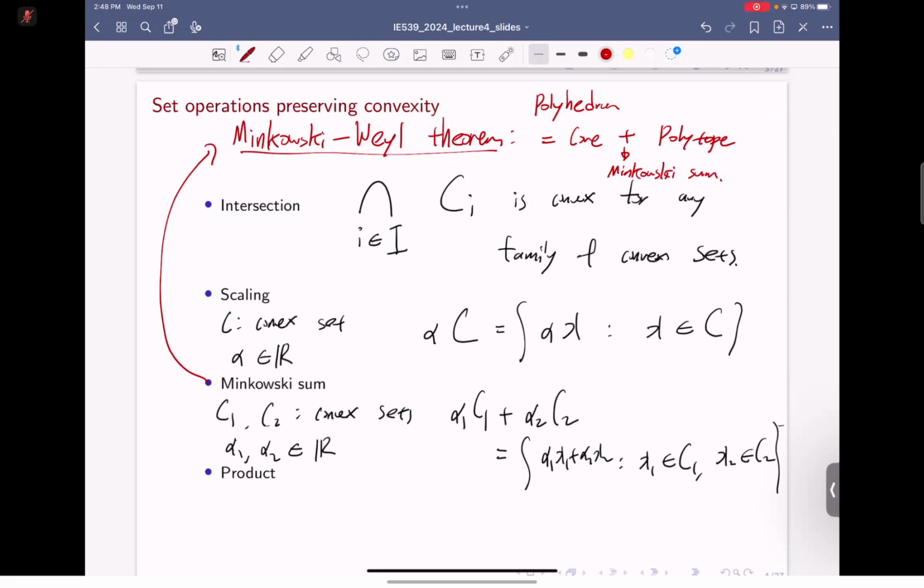What it says is that you have a polyhedron that can be unbounded, but you can always separate the bounded parts from the infinite directions. And the notion right here is the Minkowski sum. This is not completely related, but again, as a side remark.